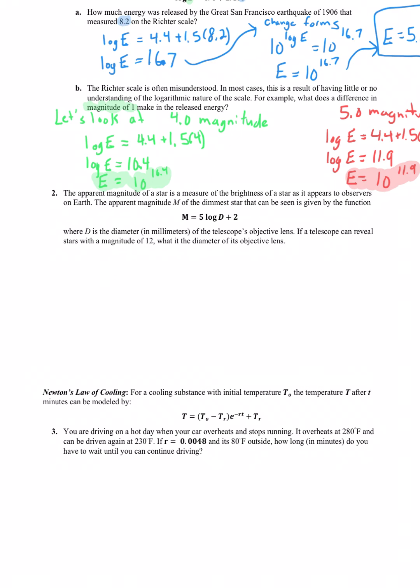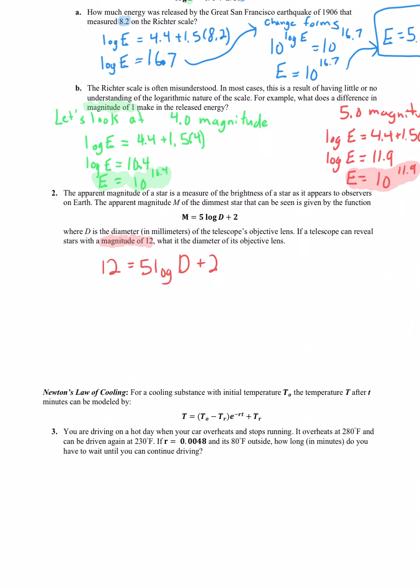All right. So for this one, it says we found an apparent magnitude of 12. So what's the diameter then? So we'd be working backwards here. D stands for diameter, so we want to solve for d.